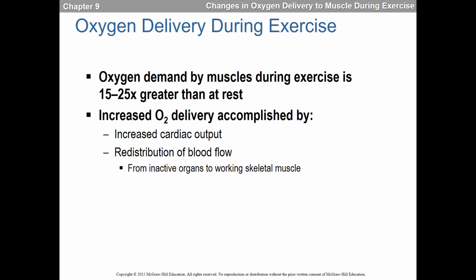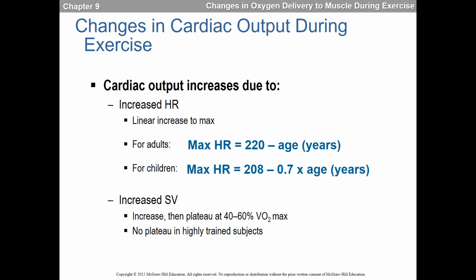So our muscles go from a fairly low oxygen demand to a really high oxygen demand, 15 to 25 times greater than at rest. That's something I want us to know there. And how we get to that is through a massive increase in cardiac output and a redistribution of blood flow from inactive to very active organs.